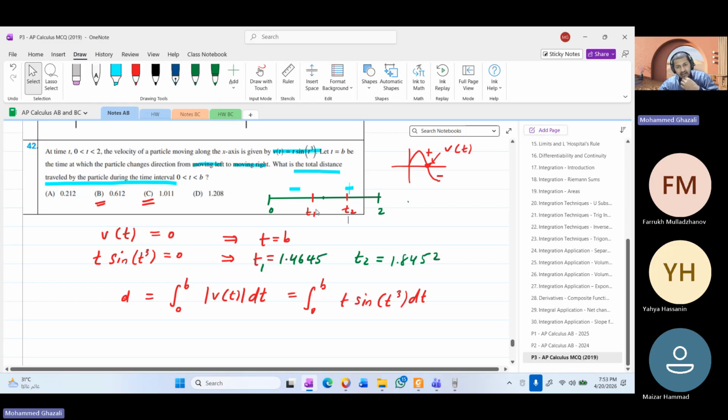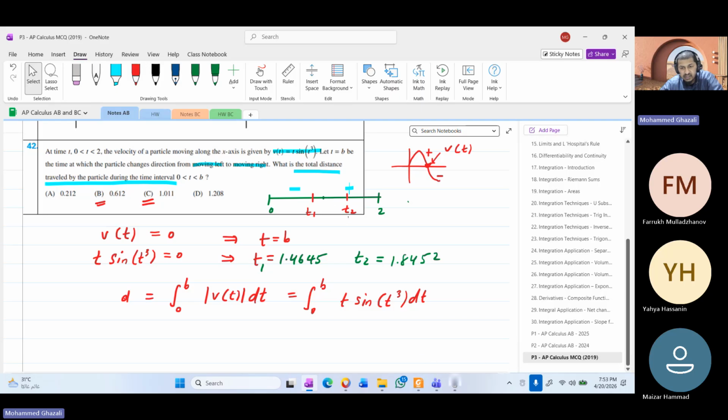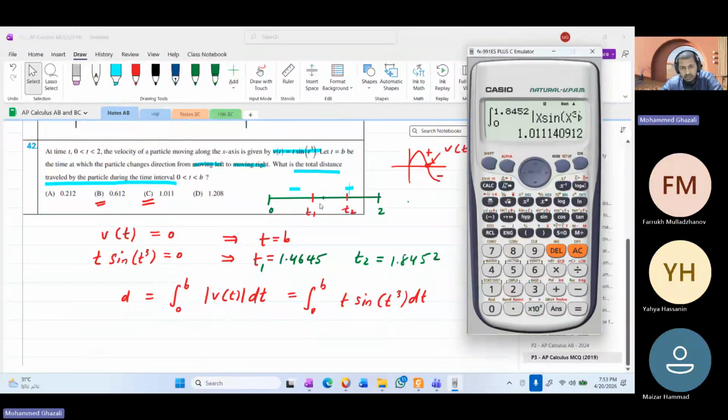Find a value between t1 and t2, so maybe 1.5, and substitute into this equation, because I need the sign from there and the sign between 0 and there. If I substitute 1, what is 1 times sine of 1 to the power 3? 0.84, that's positive.